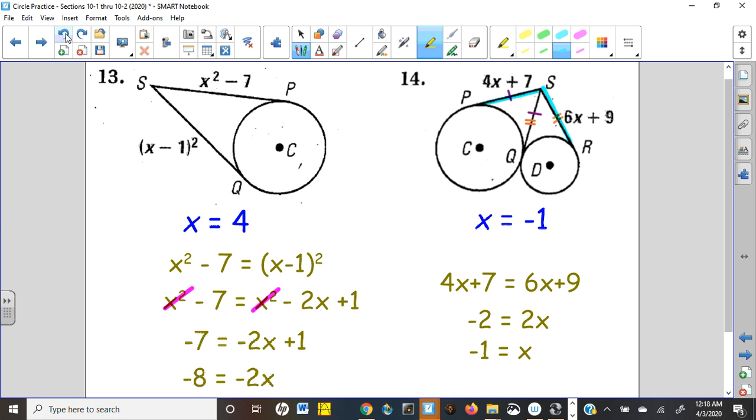And so all we have to do is make sure that when I plug a negative 1 in up here, I don't get a negative distance. This would be negative 4 plus 7, which would still be positive 3, and this would be negative 6 plus 9, which would still be positive 3. So first of all, they're equal, so we did the algebra right, and second of all, they're legitimate. They gave us positive answers.